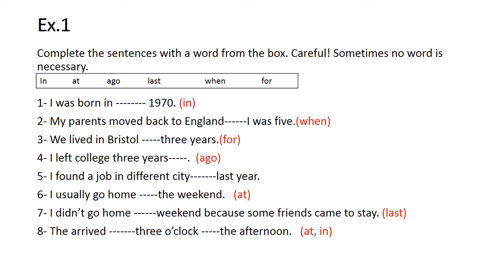I found a job in a different city last year. Here we don't need any word and the sentence is correct without any missing word. I usually go home at the weekend.